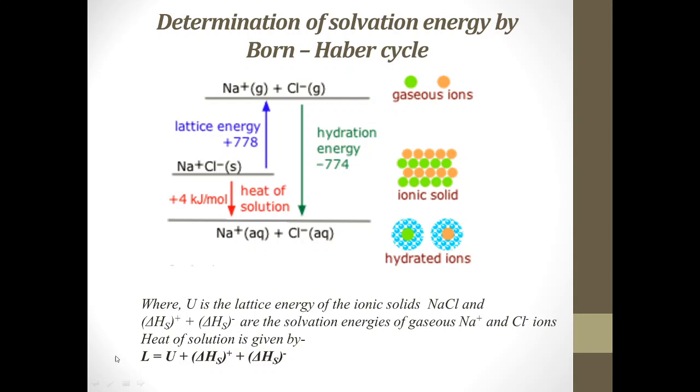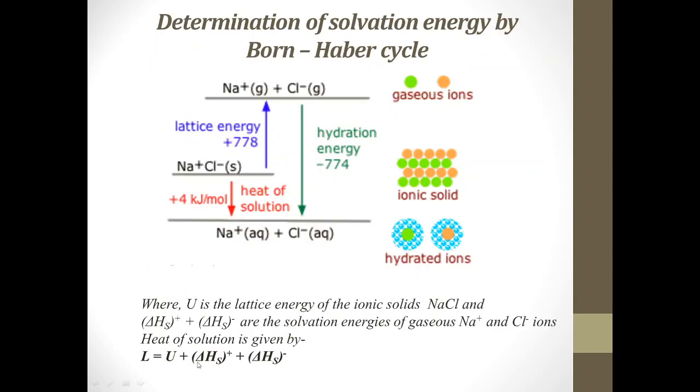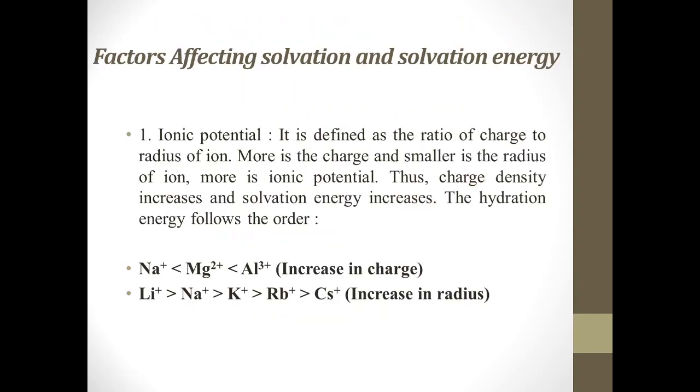Okay, so heat of solution is equal to lattice energy plus solvation energies of cations and anions. And if we know the lattice energy and heat of solution, we can easily determine the solvation energies of gaseous sodium and chloride ions.